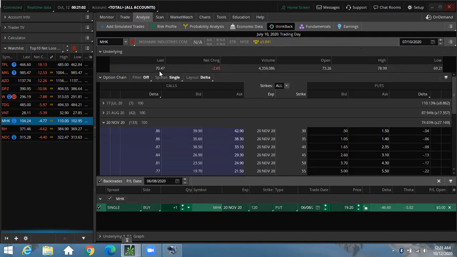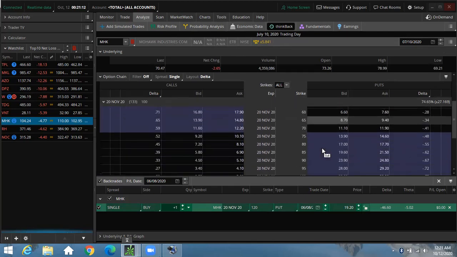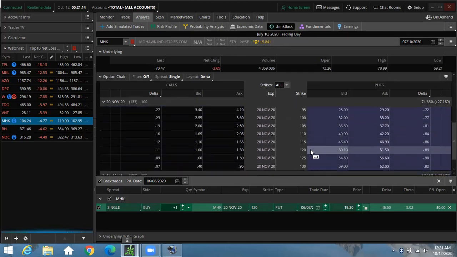As you can see, the stock went from $115 to $70.47.